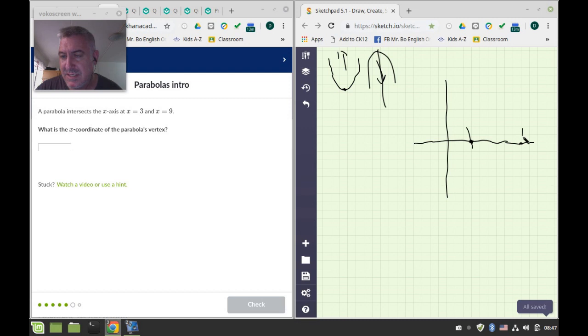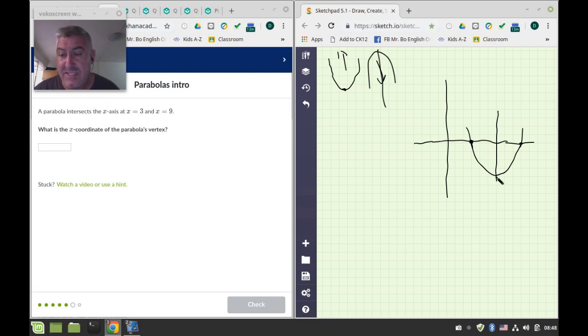So I know that it's going to come down here. We don't know where the vertex is, so I can't really draw it, but let's pretend the vertex is over here. If it looks like that, then I know there's a vertical line going up in the middle, and that is the axis of symmetry.